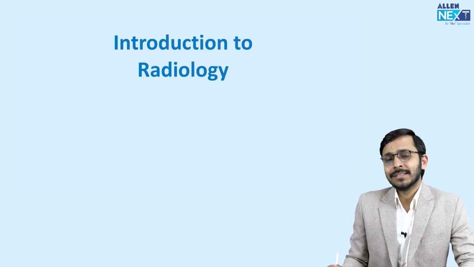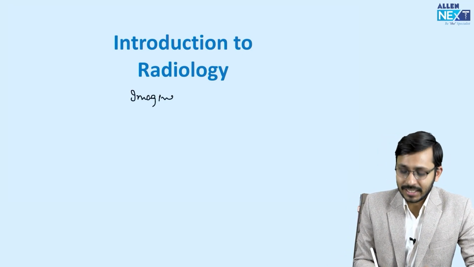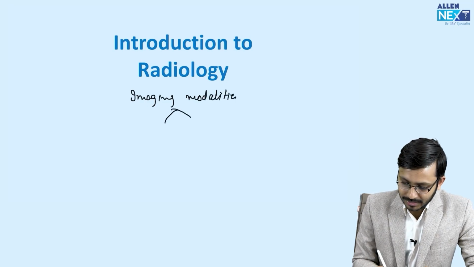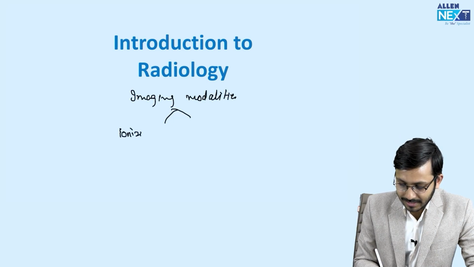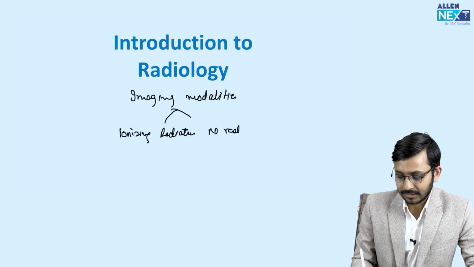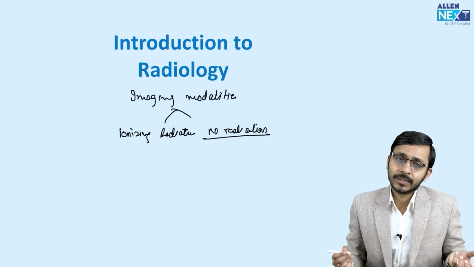The imaging modalities that we use in radiology. So what are the imaging modalities? They are basically divided into two types: those that use ionizing radiations, and those that do not. So what are those imaging modalities which do not use any radiations?